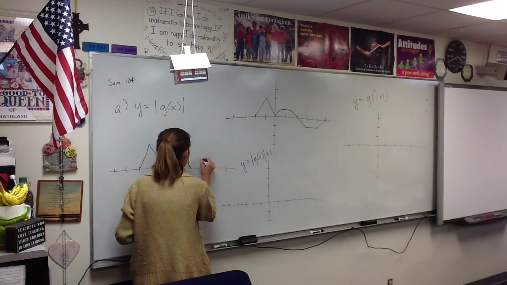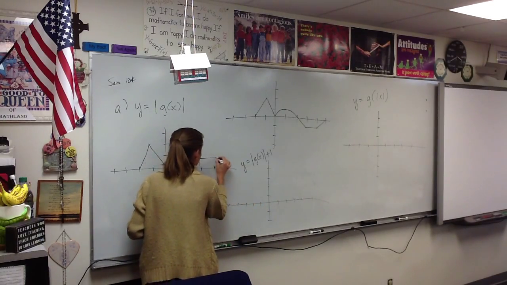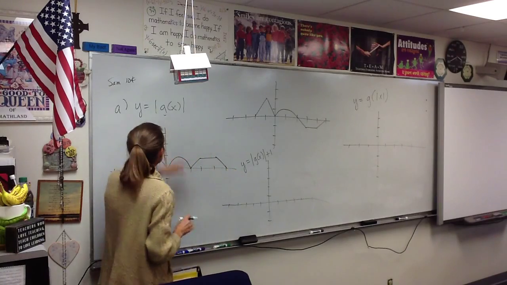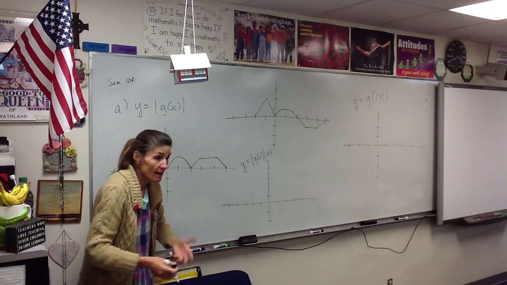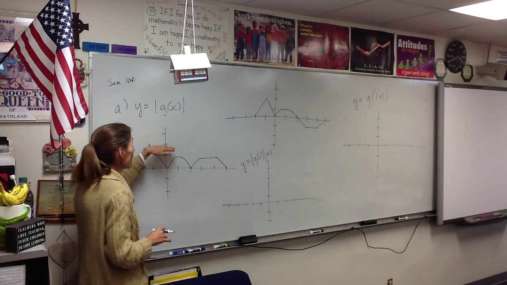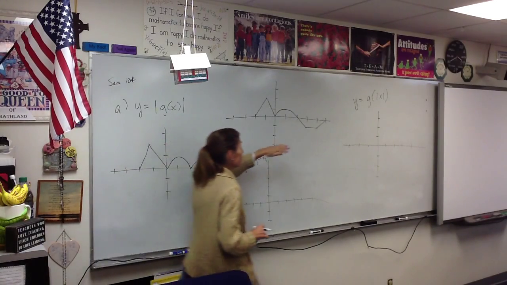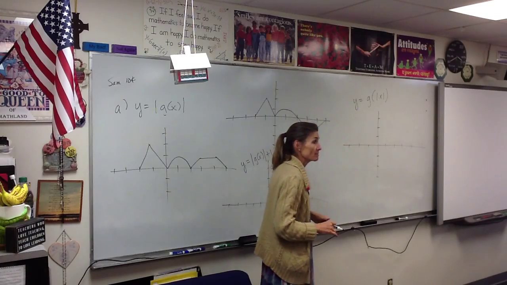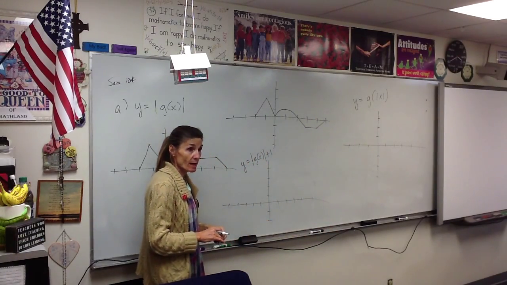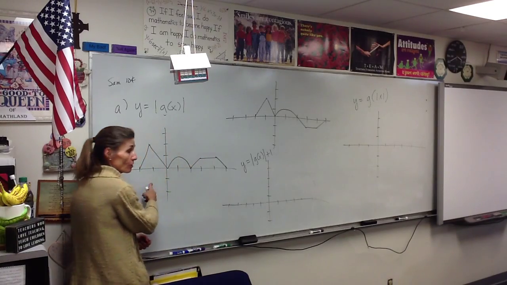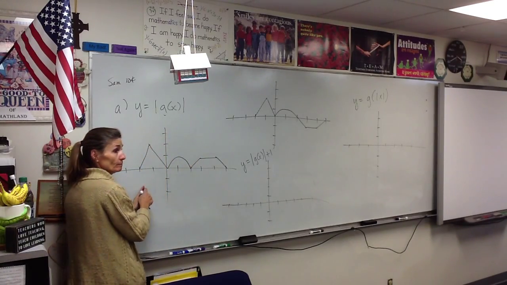We talked yesterday, and actually it was on your quiz too. When you put a negative out in front, it flips the whole thing. Everything flips. When you do absolute value, only the negative part flips. Okay? So this is a picture of the absolute value.